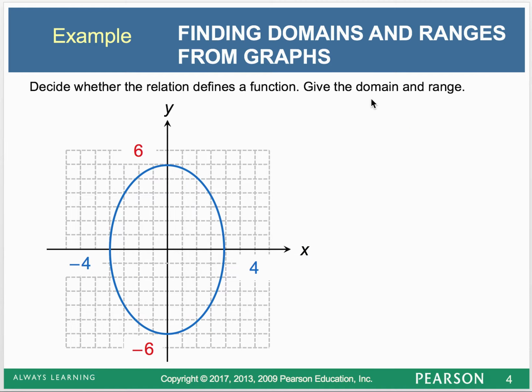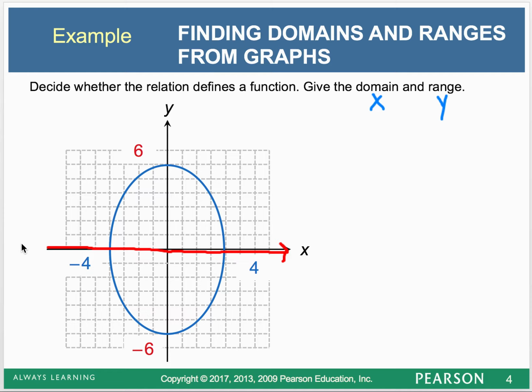Let's talk about the domain and range. Remember, domain are our x values, range are our y values. So if I'm talking about the domain, I'm talking about all the x values, from here to here. Where are there x values for this graph?